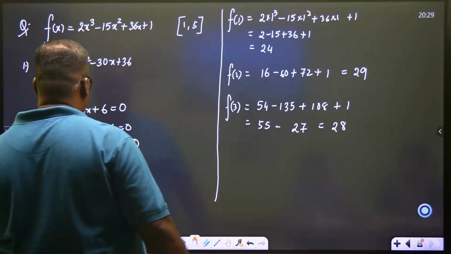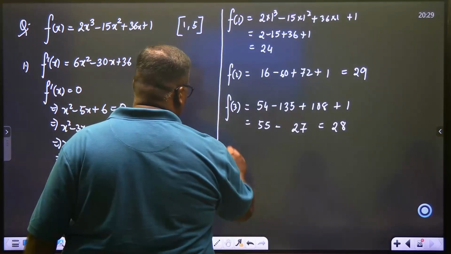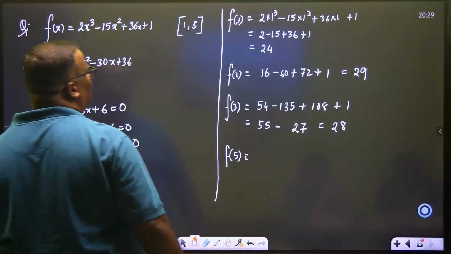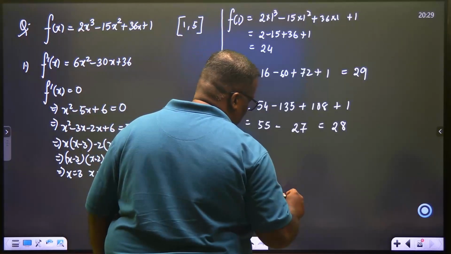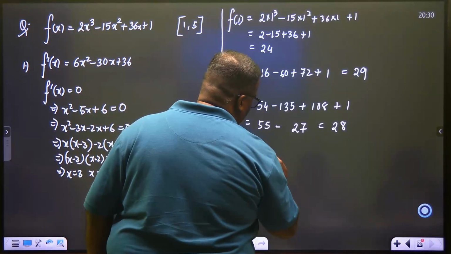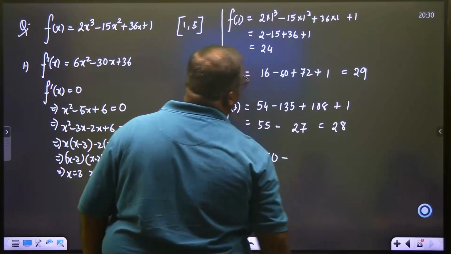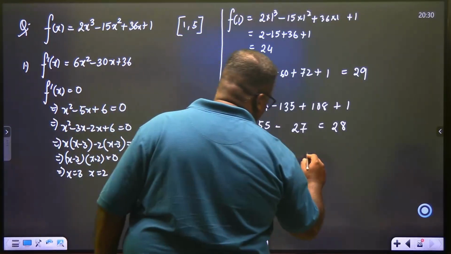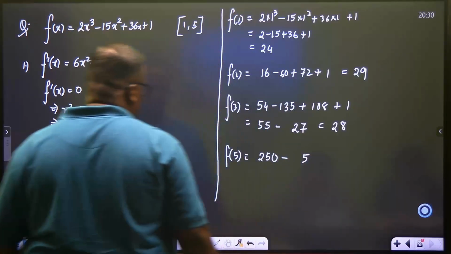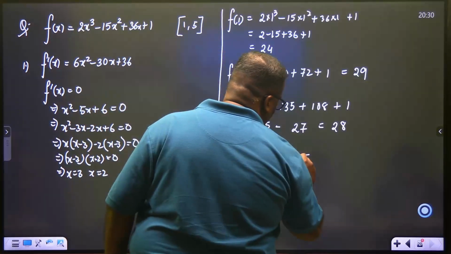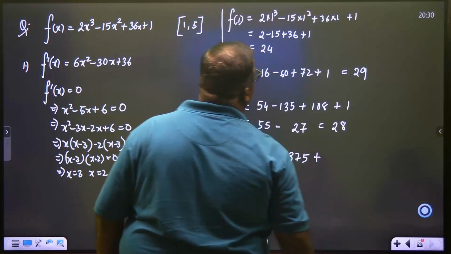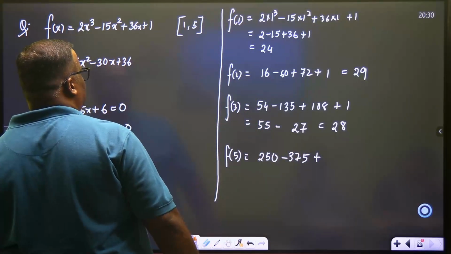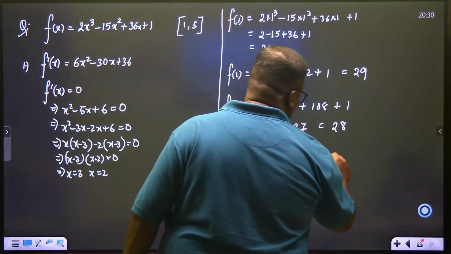And then finally we have to do f of 5. 5 5s are 25, 5 25s are 125, into 2 is 250, minus 25 into 15. 15 5s are 75, 15 2s are 30 plus 7, 37. Then 36 into 5 is 180. 180 plus 1.